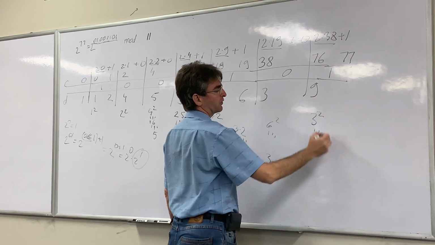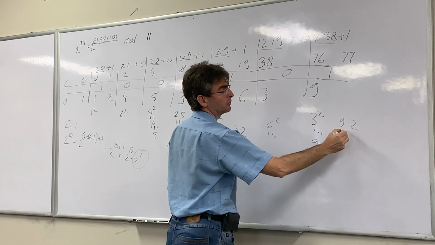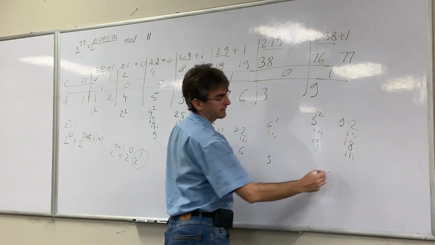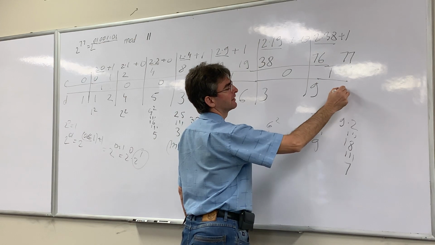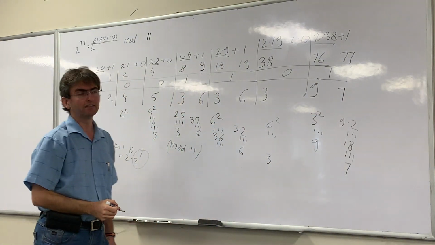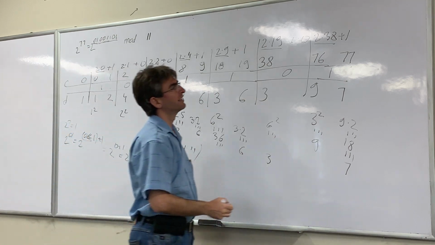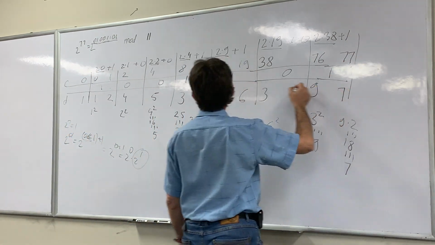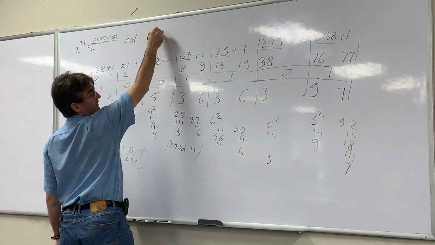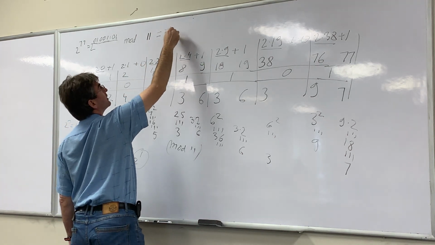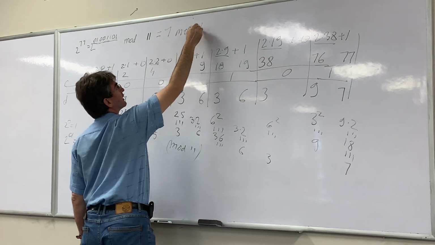And the plus 1 corresponds to multiplying 9 times 2, which is 18, which mod 11 makes 7. And we arrive at the end. Therefore, 2 to the power 77 is equal to 7 mod 11.